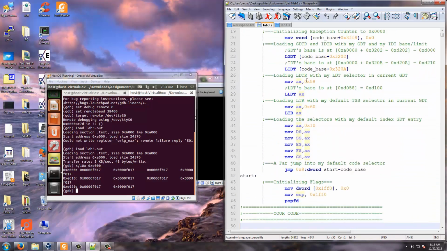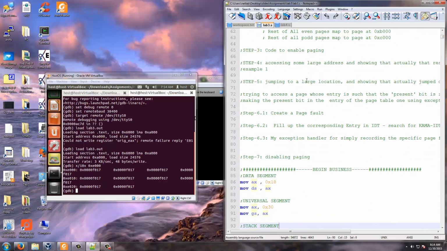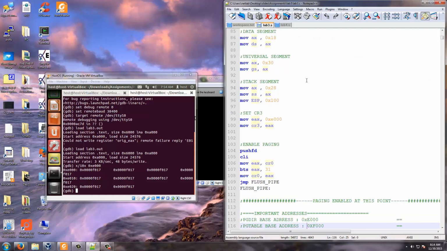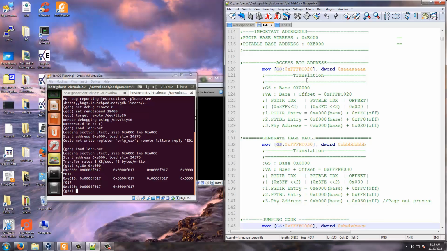so let us go and see. So we are seeing the code here. So I have made it as x/2x or even x/x.